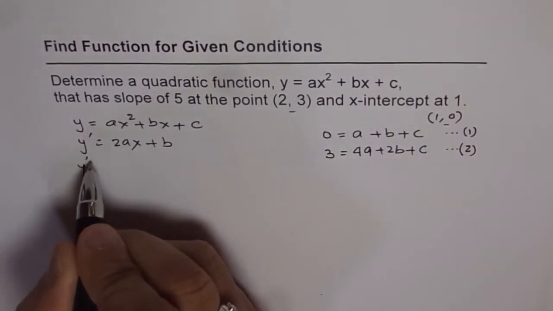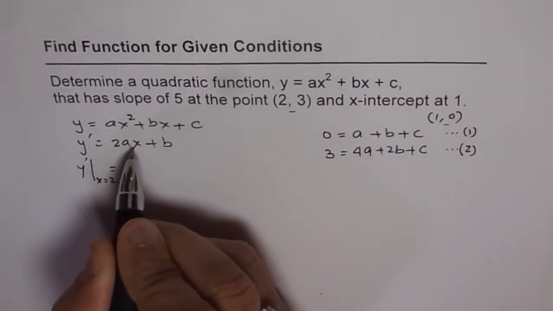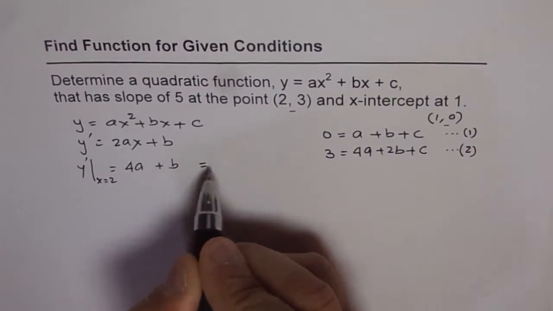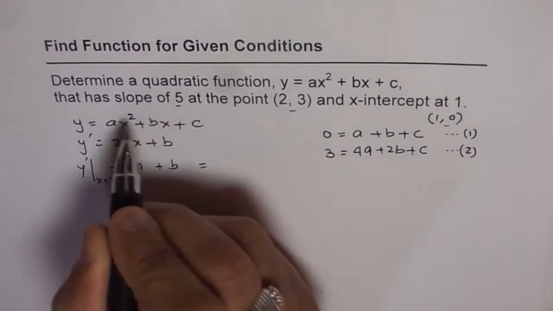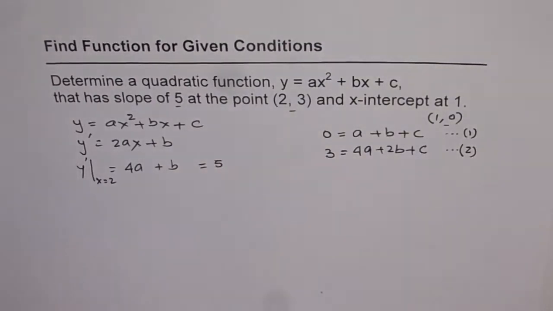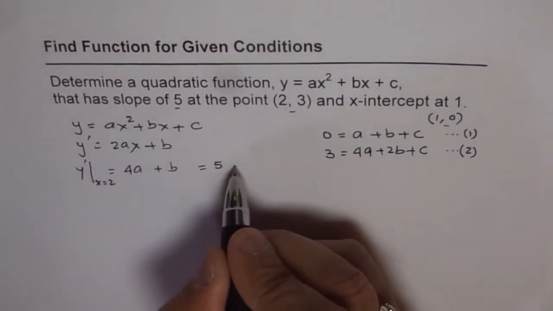That means y dash at x equals 2, if I put 2 here, I get 4a plus b, and that should equal 5, right? The slope of 5 at the point (2, 3). So this is our third equation: 4a plus b equals 5.